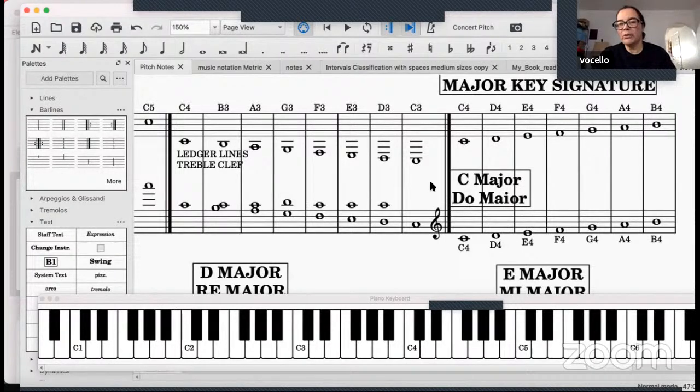So 2 whole steps, 1 half step, 3 whole steps, and 1 half step. That is the model, the pattern of the major scale in any key, any tonality. So we are going to start on C major, that we learned the last time. That is the Doric or Dorian from the Greek mode.